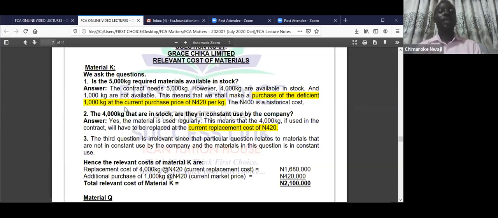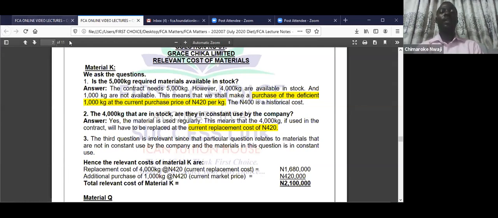The second part concerns the 4,000, because now we have taken care of the 1,000 that is not available in stock. That means 4,000 are available in stock. And because our theory says that when they are available in stock, we ask the next question: the 4,000 in stock, are they in constant use by the company?